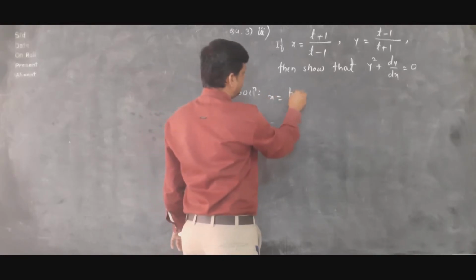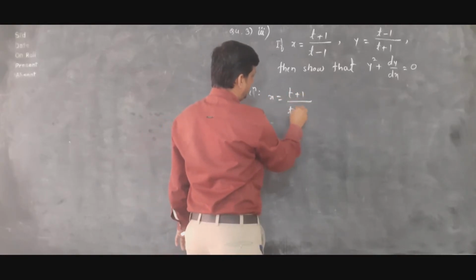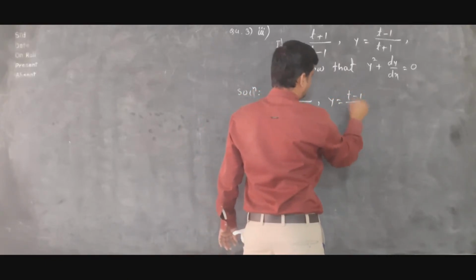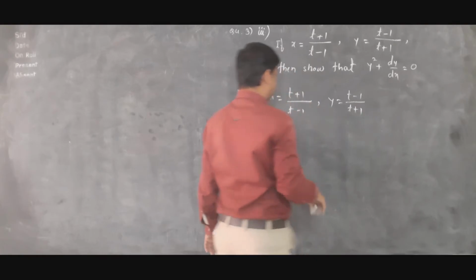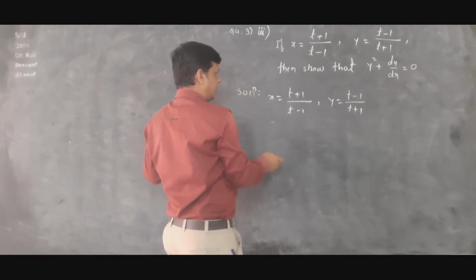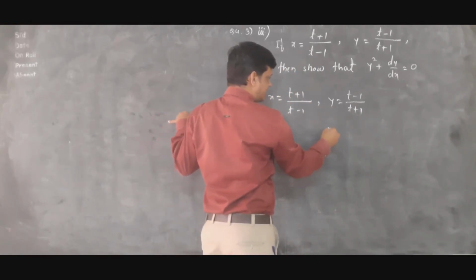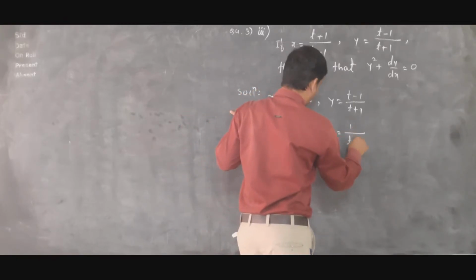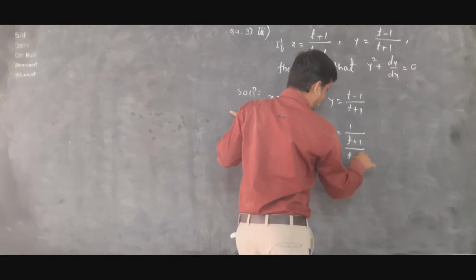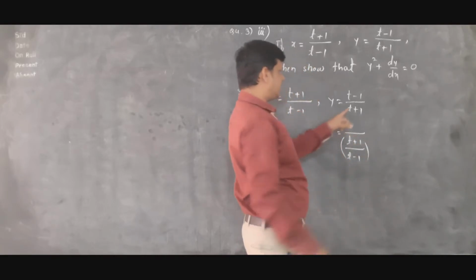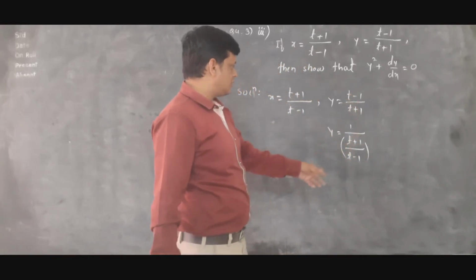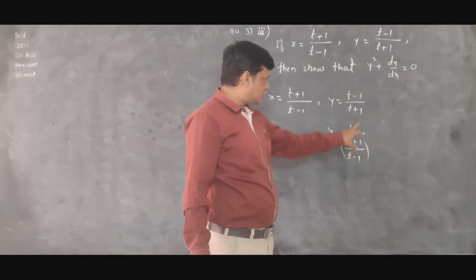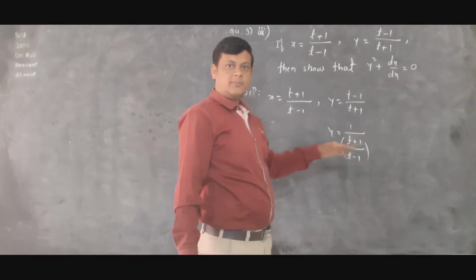x is equal to t plus 1 upon t minus 1, y is equal to t minus 1 upon t plus 1. So we write this y as y is equal to 1 upon t plus 1 upon t minus 1. We take the reciprocal of this y, so we write the reciprocal of the RHS, y equals 1 upon t plus 1 upon t minus 1.